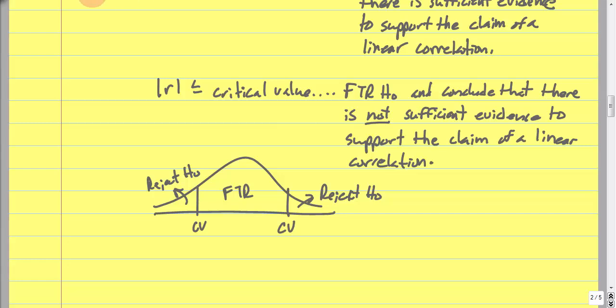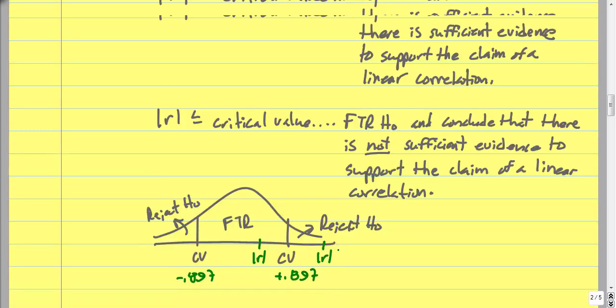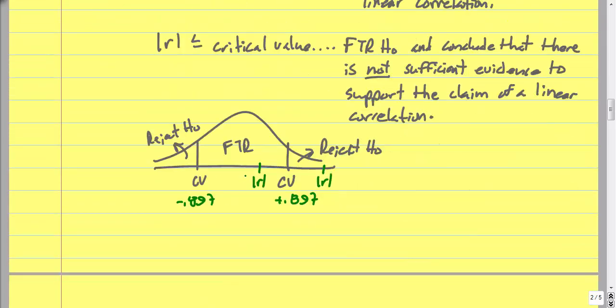If I had my critical values out here at positive 0.897 and down here at negative 0.897, and then my correlation coefficient r was right here, the absolute value of r, I'd fail to reject. But if my absolute value of r was out here, then I would reject H0. So those are the things that I'm looking at. This is my step where I make a decision.